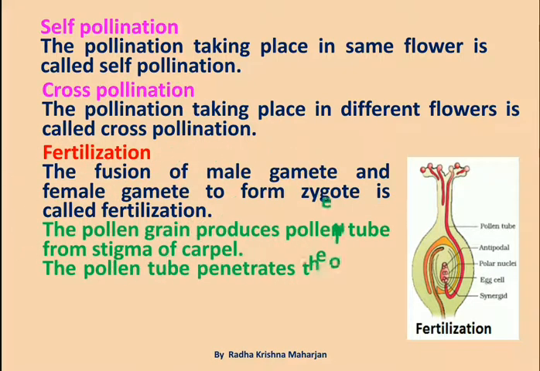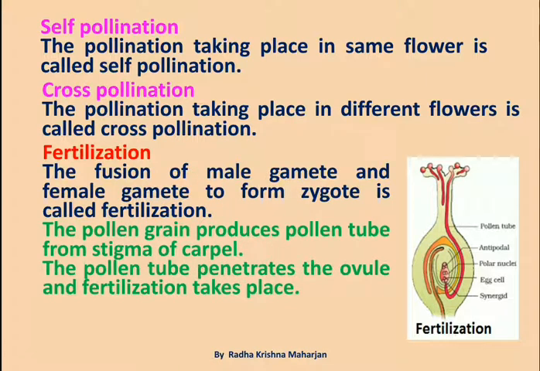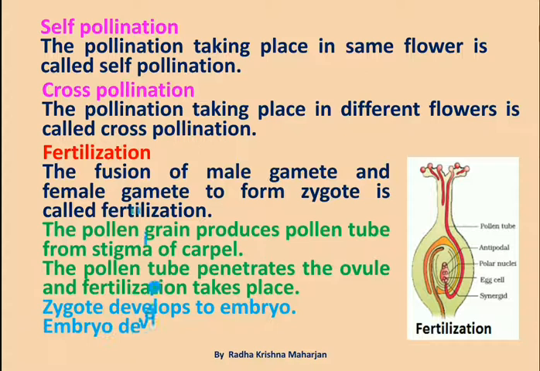The pollen tube penetrates the ovule and fertilization takes place. Zygote develops to embryo. Embryo develops into seed.